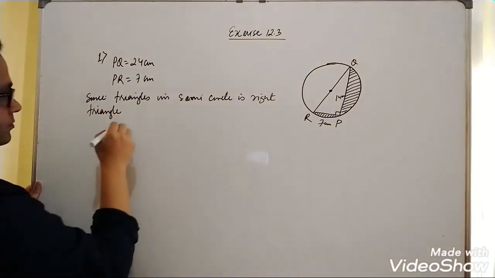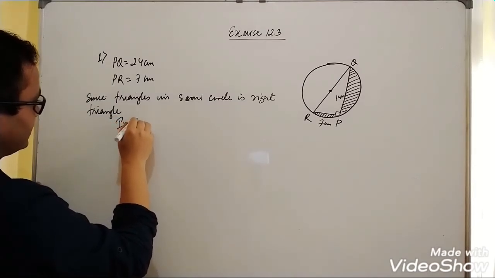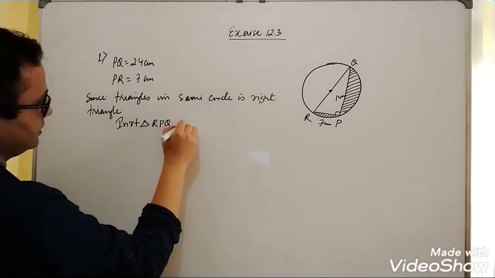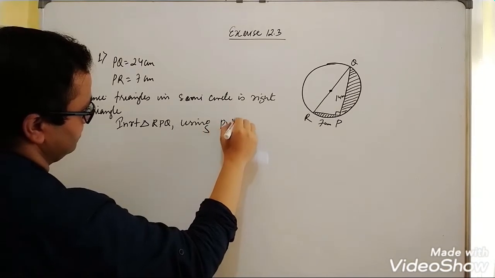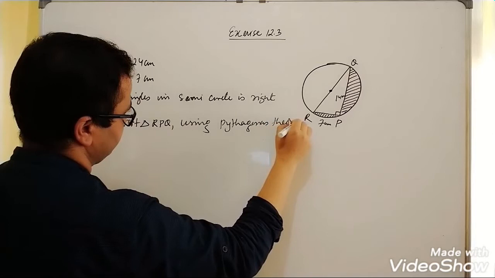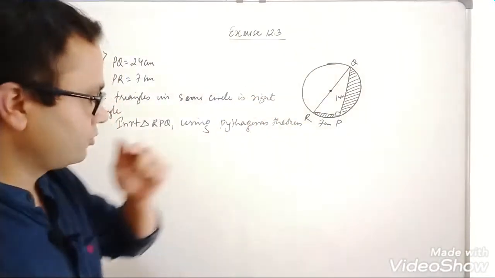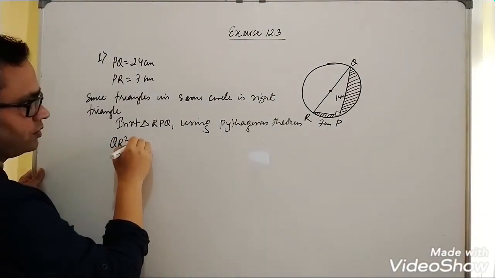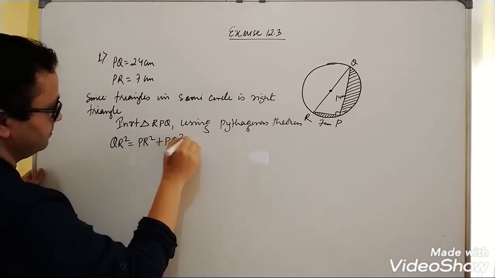So in right triangle RPQ, by using Pythagoras theorem, QR square equals PR square plus PQ square.